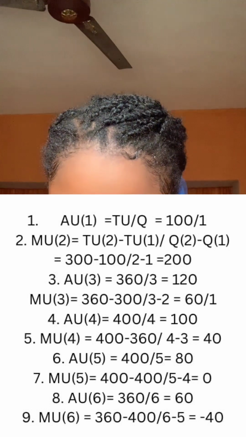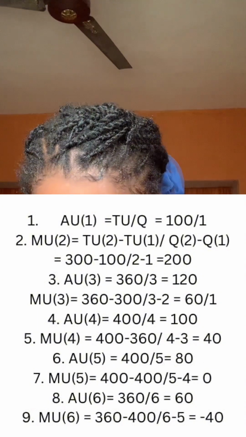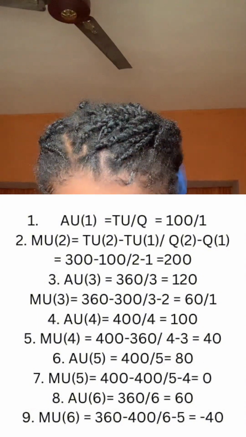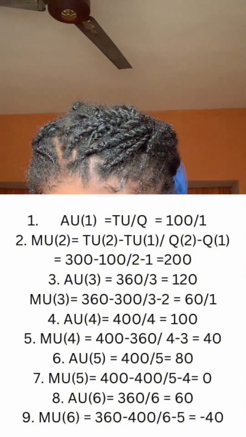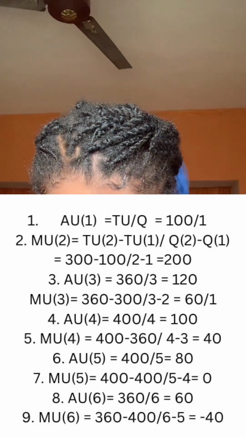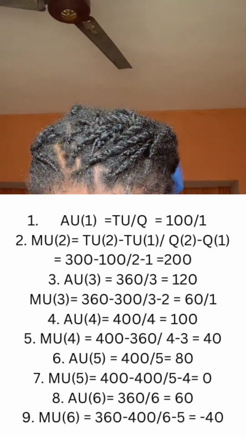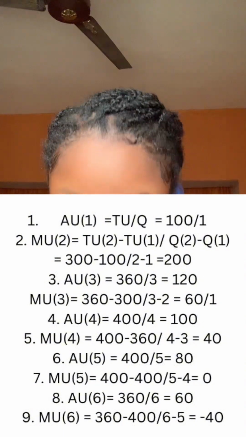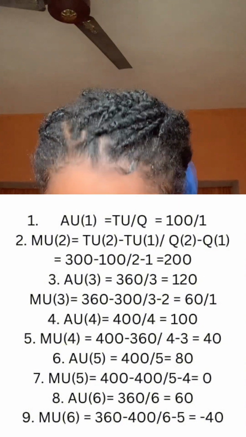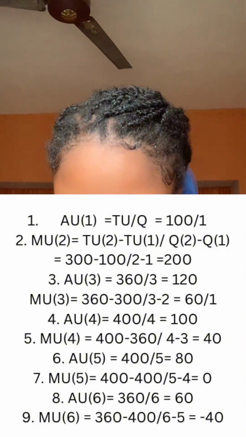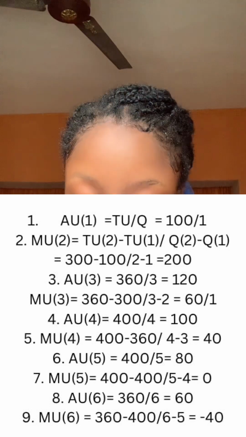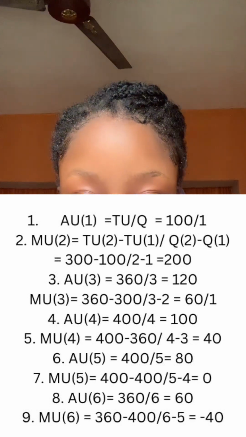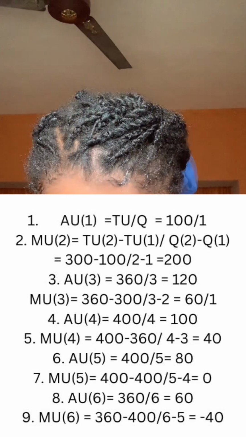Then marginal utility, remember, is total utility at quantity 5 minus total utility at quantity 4, divided by quantity 5 minus quantity 4, where we have 400 minus 400 divided by 5 minus 4, which led to 0.